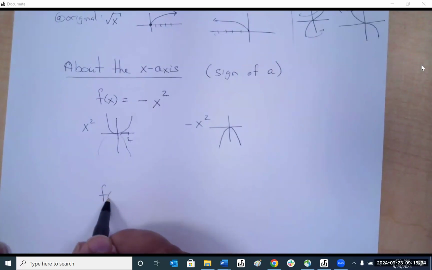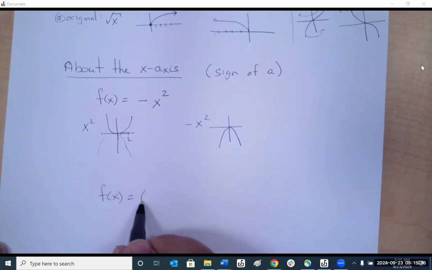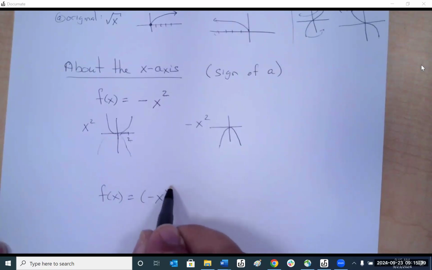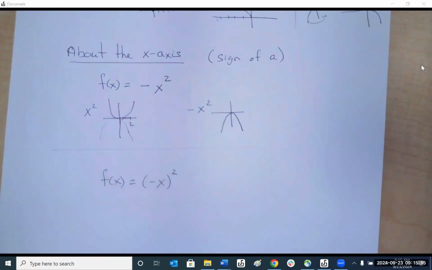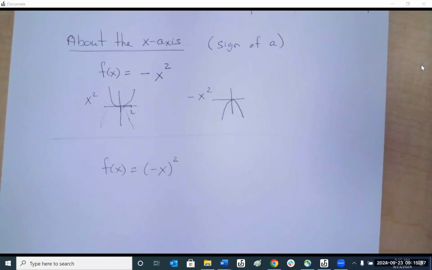What about this one? What about that one? Everything's positive. What do you mean it becomes positive? With this distributivity, wouldn't that just become a positive x?